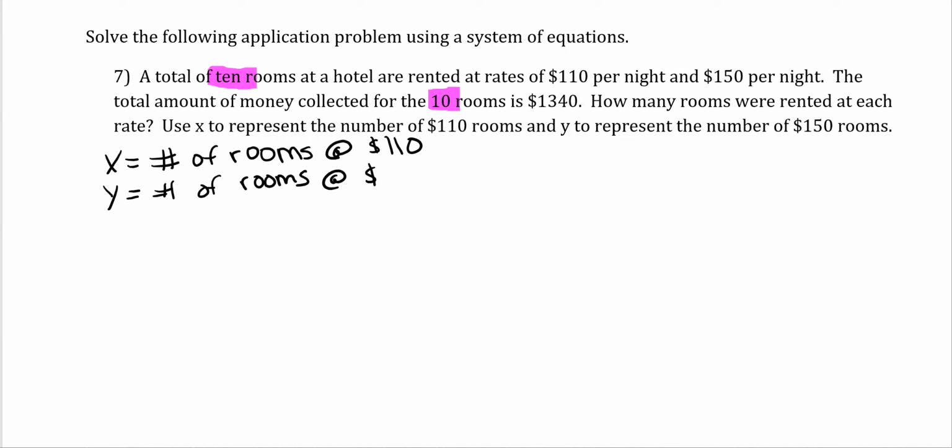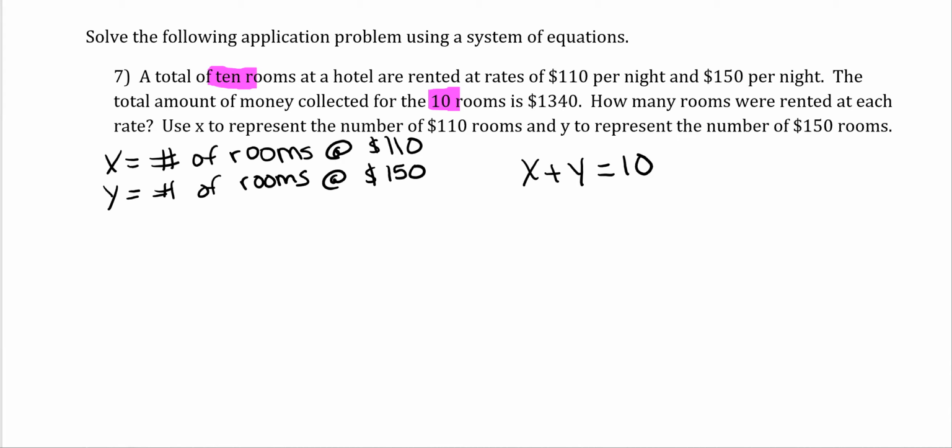and it tells us to let Y represent the number of rooms at $150. So one equation is going to be for the total rooms rented. Well, the total rooms rented were 10. So X plus Y is equal to 10. And then our second equation is going to deal with money.